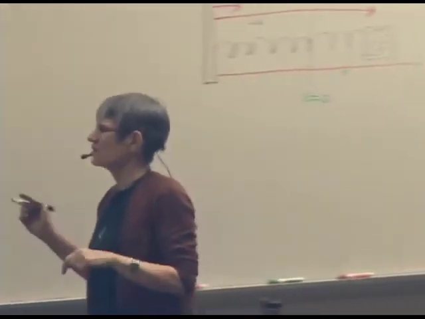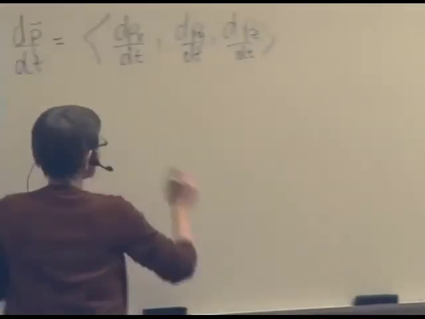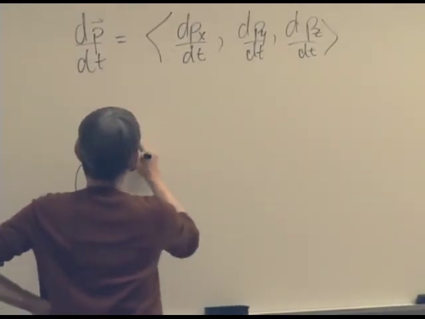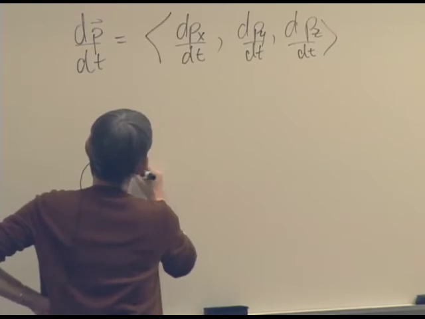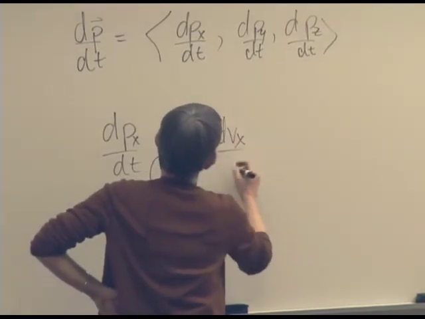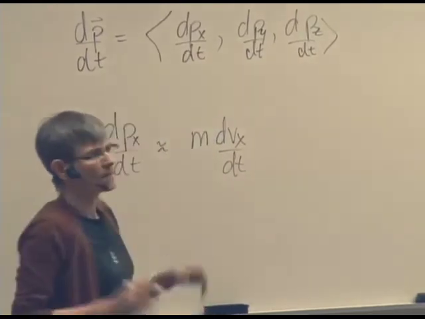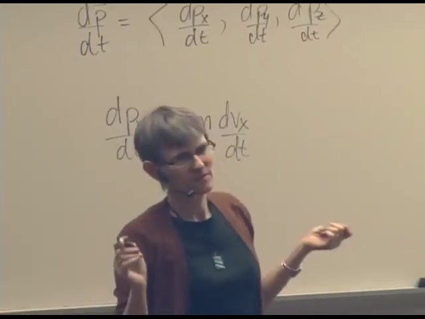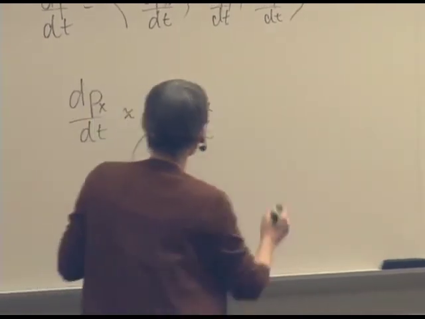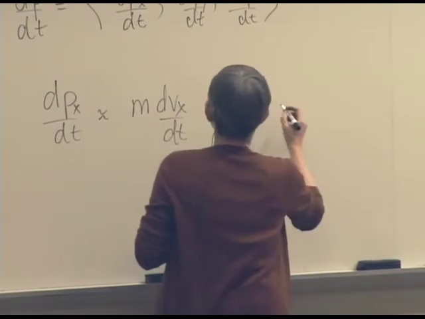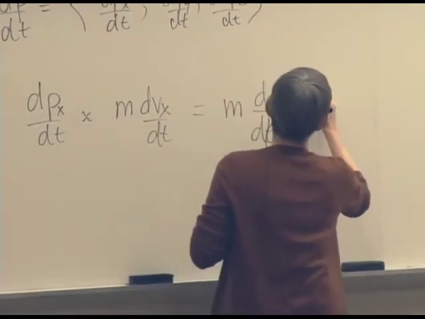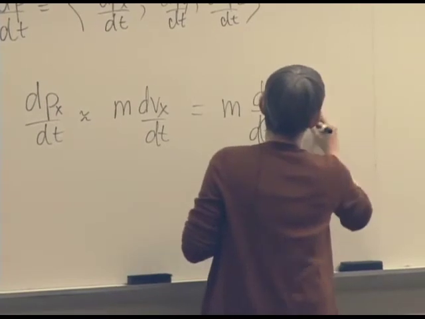And that's a changing quantity, but we can use the simplification we talked about a moment earlier and say that dpx/dt is approximately equal to mass times dvx/dt. But velocity is the rate of change of position. So v_x is actually dx/dt. So we have m times the rate of change of the velocity v_x, which is itself dx/dt.